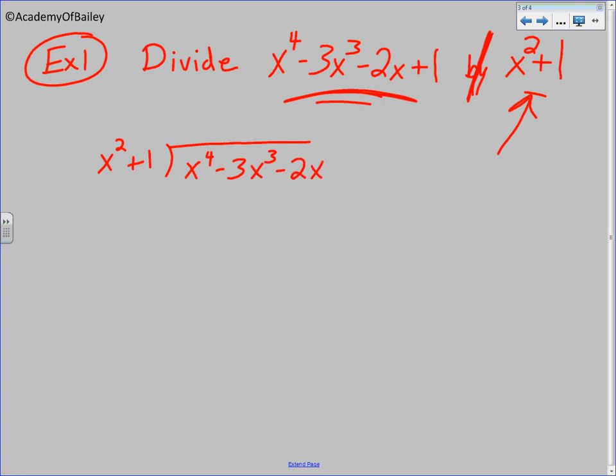Now, I've already had a small error in judgment right there, because if you look, this looks normal, right? And you're going to make mistakes like this too. That's why you need to slow down and look at what's going on.